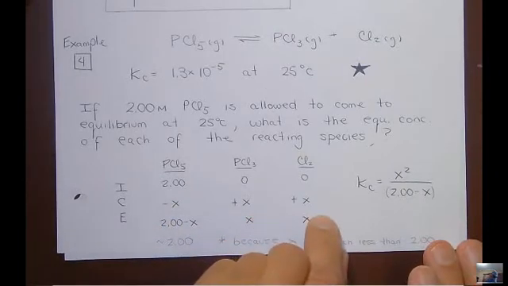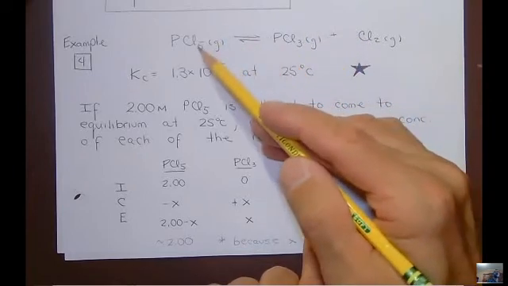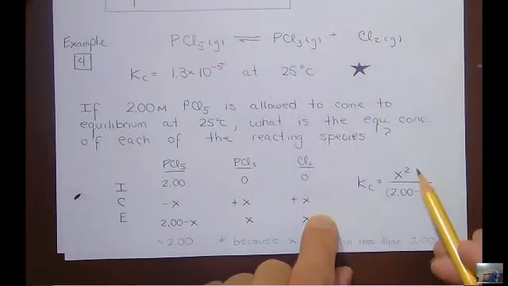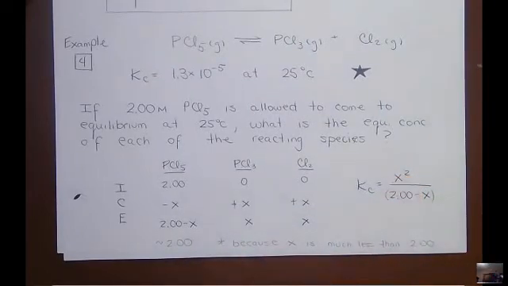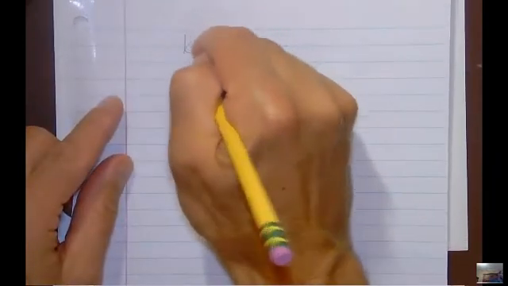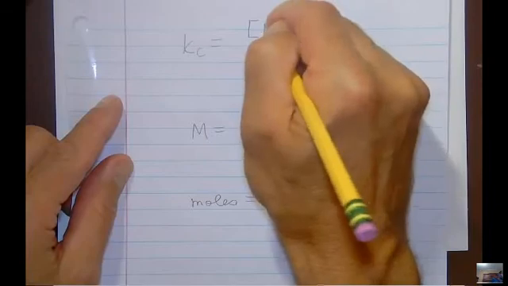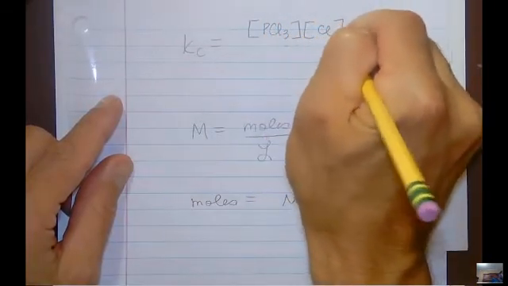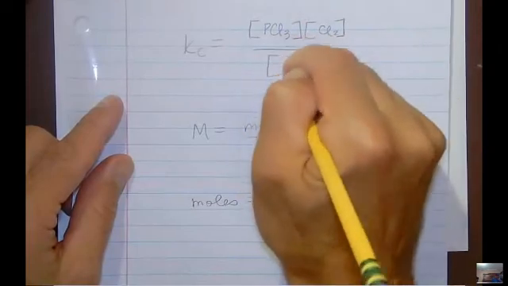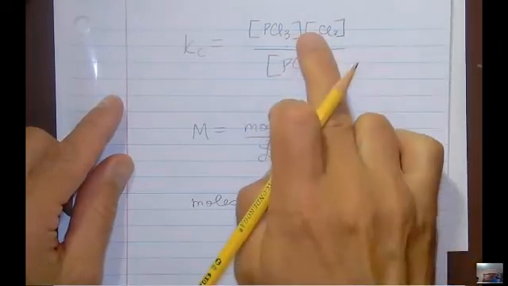Plug them into the equilibrium constant expression. It's the products divided by the reactants. So what I'm going to get is x times x in the numerator, which is x squared. I never wrote down the equilibrium constant expression, but I can quickly. Kc is equal to PCl3 times Cl2 all divided by PCl5. That's the equilibrium concentration.